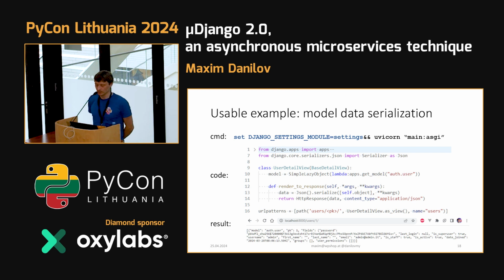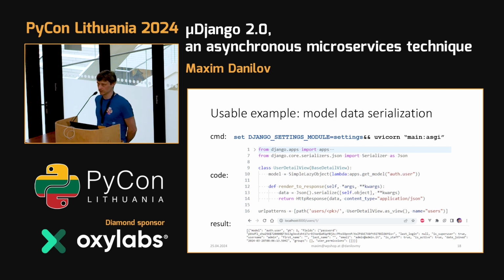This is an example for a microservice which gets some data from the database, serializes it, and throws it away to the customer. I run it asynchronously, and important is that I use right now a special Django serializer framework.